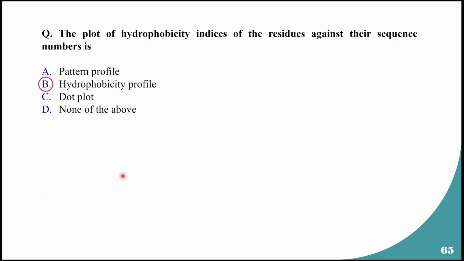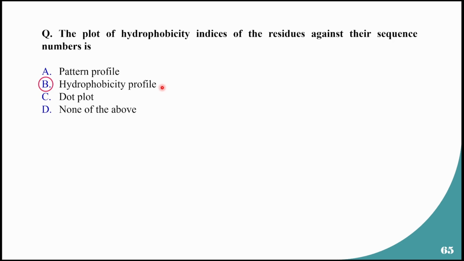And then on the amino acid side, we talked about certain calculations that you can do. Hydrophobicity calculation was one of them, right? If you plot the hydrophobicity indices of the residues against the sequence number, that gives you something called a hydrophobicity profile, which is getting the idea for all of the individual residues together.